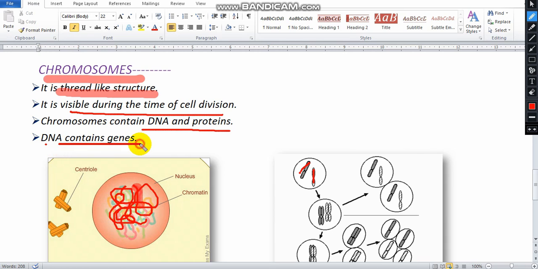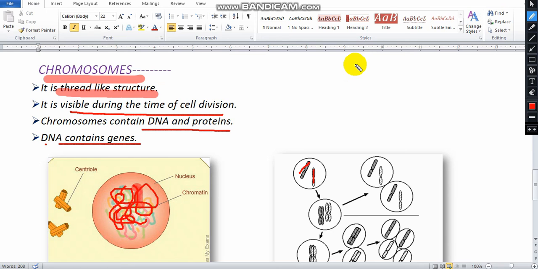DNA contains genes. What are genes? Genes are carrying similarities which are transferred from one generation to another generation.